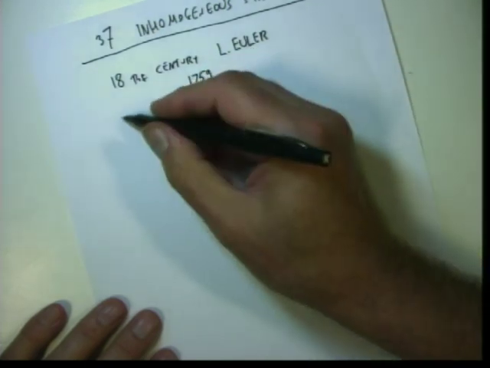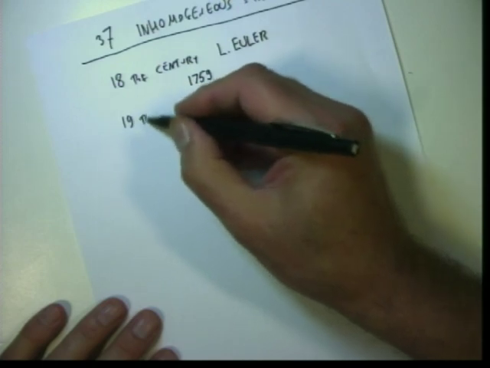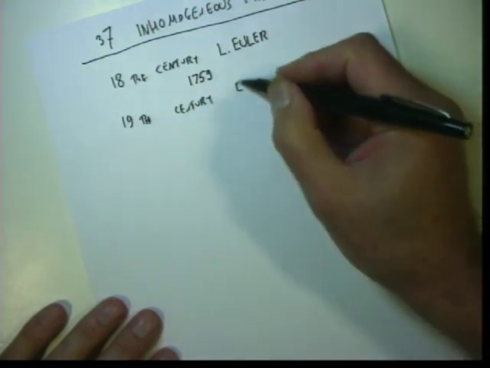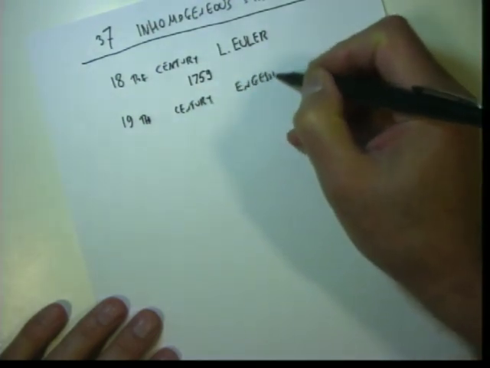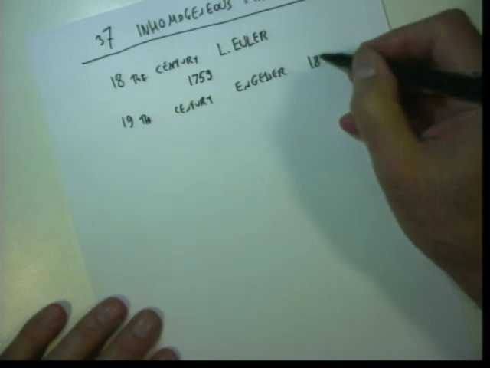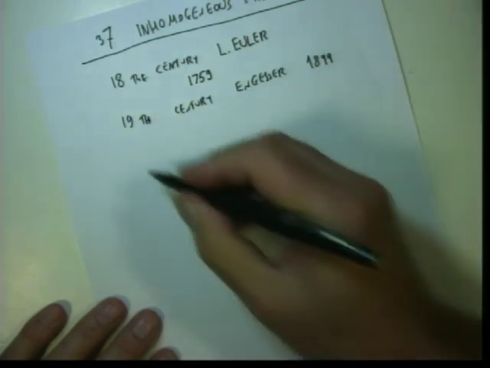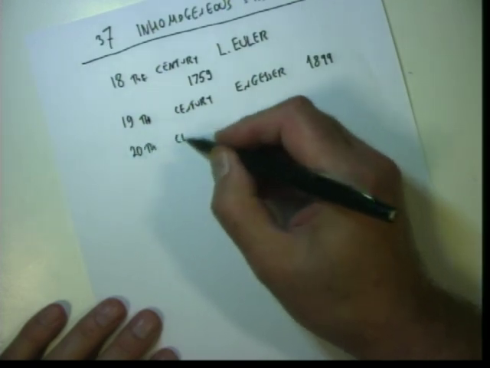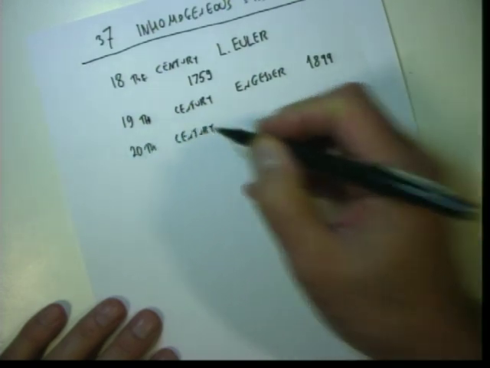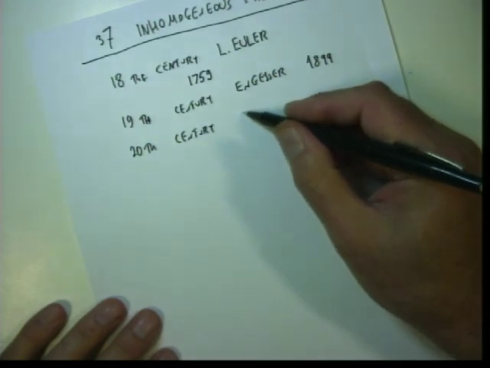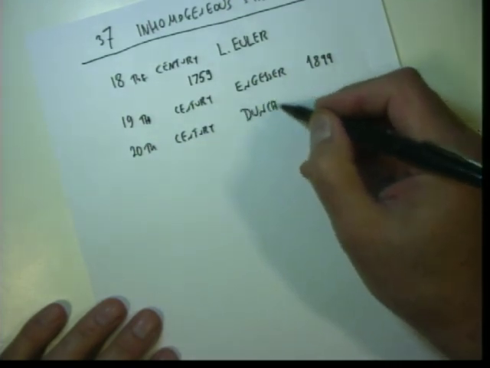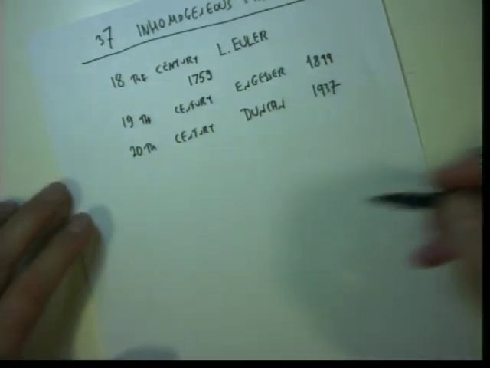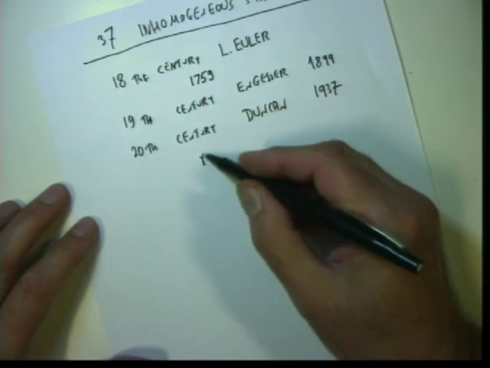Then in the 19th century, Engesser, so that is 1899 actually. Then in the 20th century, we have Duncan, 1937. And all these are in buckling.